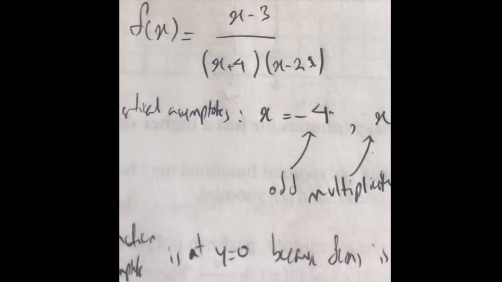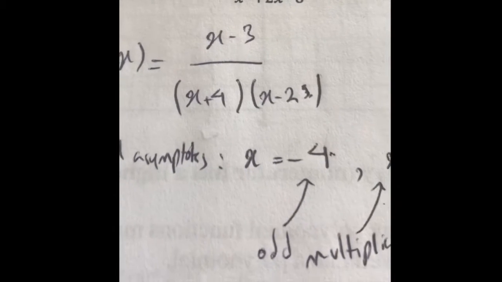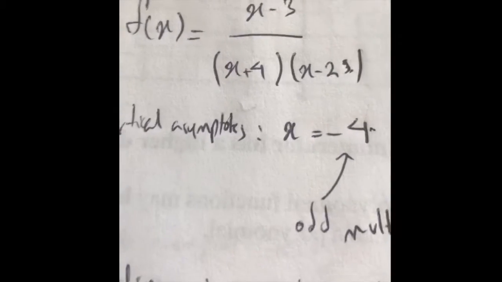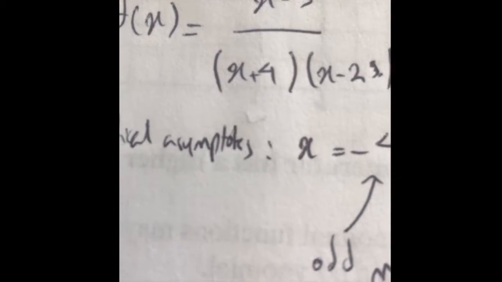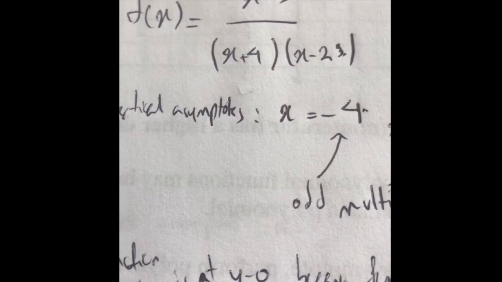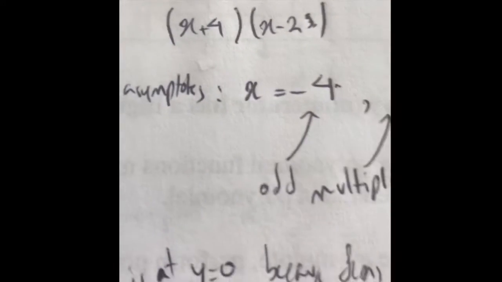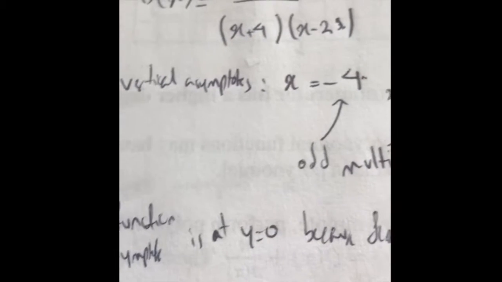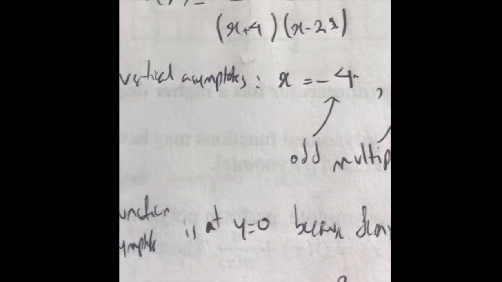So on the denominator right now, we have x plus 4 and x minus 2, which means if x was to be negative 4, one of the denominators would be 0, and x minus 2 divided by 0 would give you a value that does not exist.